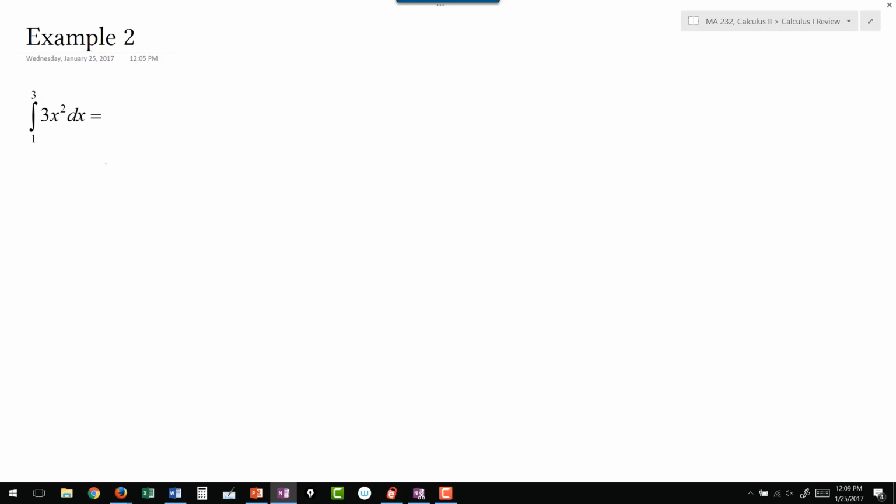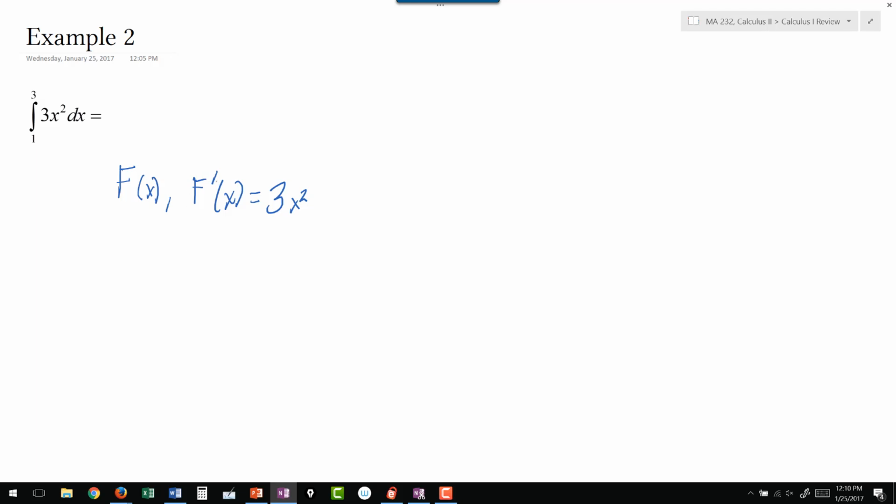To use the fundamental theorem, we have to figure out some function we usually call capital F of x, whose derivative, capital F prime, is in this case 3x squared, whatever function we're trying to integrate.